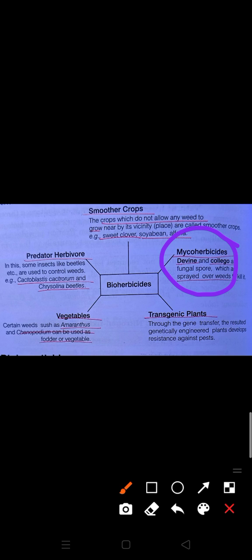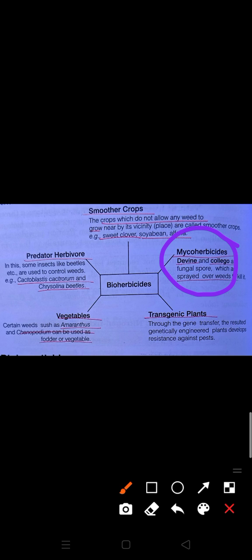Okay, next is a different type of predator of herbs. Some insects like beetles are also used to control weeds, like Cactoblastis cactorum and Chrysolina beetles. These beetles are very helpful to destroy some unwanted herbs or weeds.